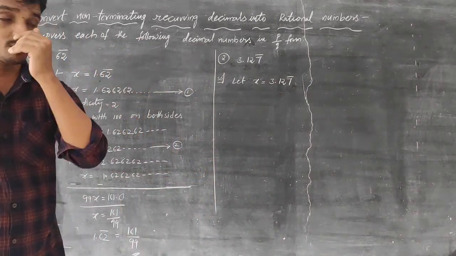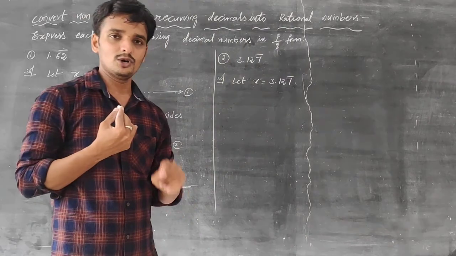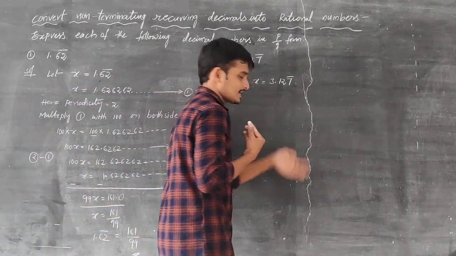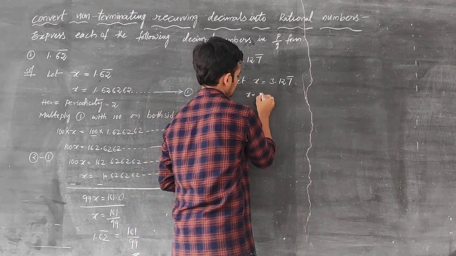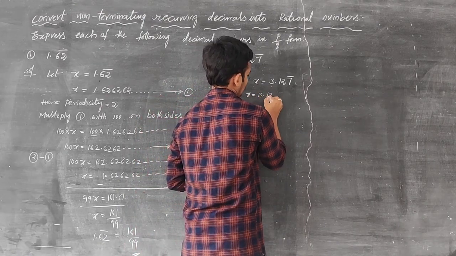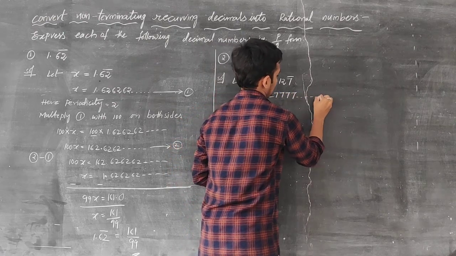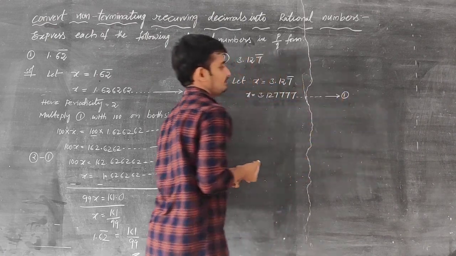Observe, students: here the bar is only over 7. So now we expand. The second step is to expand. Expanding means we write x is equal to 3.12777 and so on. We call this equation number 1.